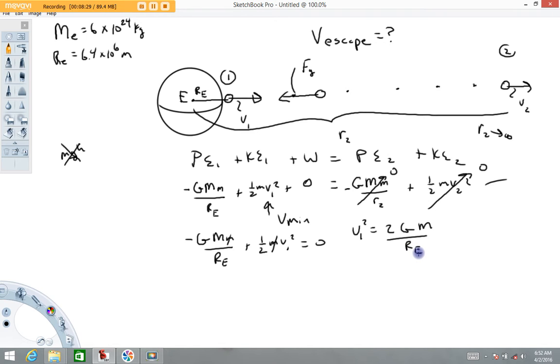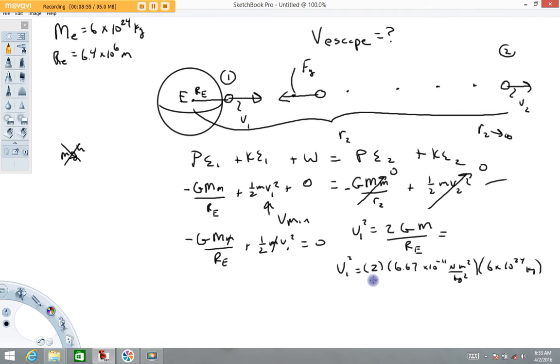And now it's just a matter of putting in the numbers. This is going to be 2 times 6.67 times 10 to the minus 11th newton meter squared per kilogram squared. There's your G. Mass of the Earth, 6 times 10 to the 24th kilograms.